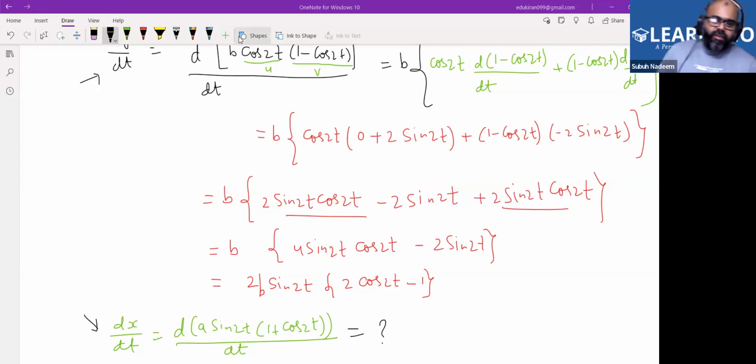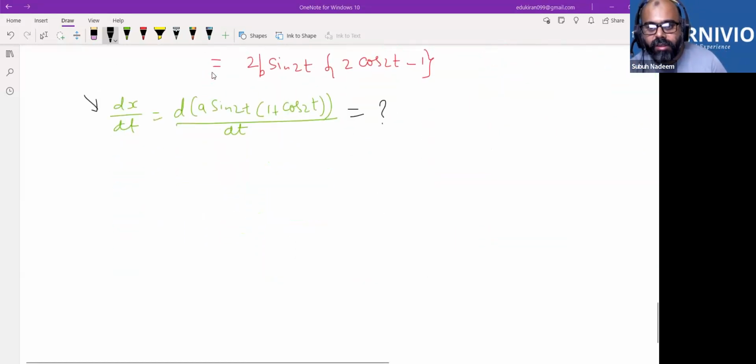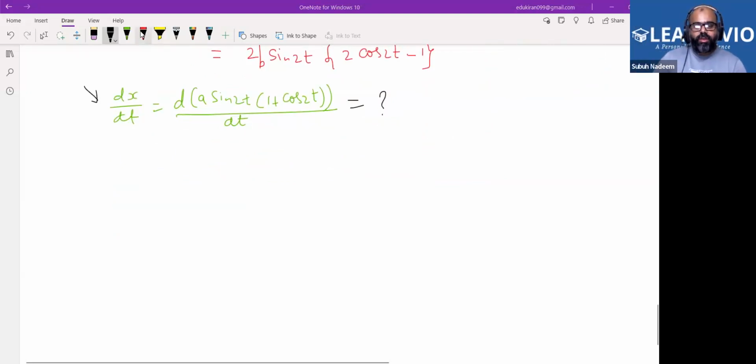So any progress in finding dx by dt? How will we proceed in this case here? Here also we have to do it in a similar manner, right? A is a constant, it will come outside.